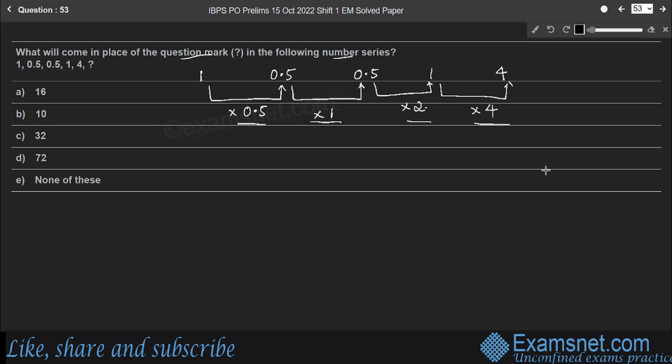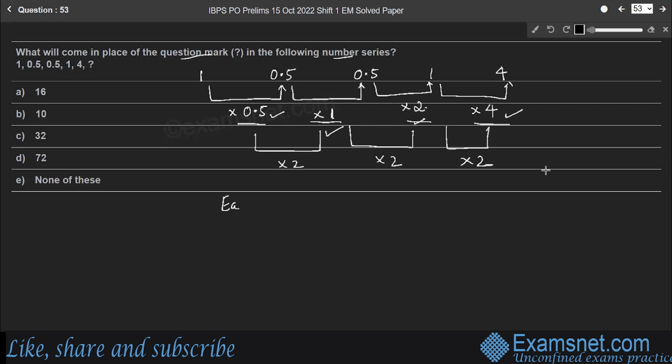So each multiplier is twice its previous multiplier, right? Here, look at multiplier 1. It is twice 0.5, right? Whereas 2 is twice the number 1 and 4 is twice the number 2. Therefore, we can write it as 0.5 into 2 is 1, 1 into 2 is 2, and 2 into 2 is 4, right?